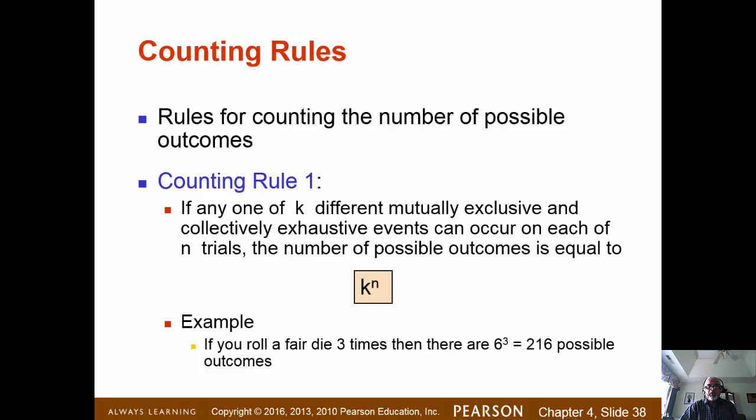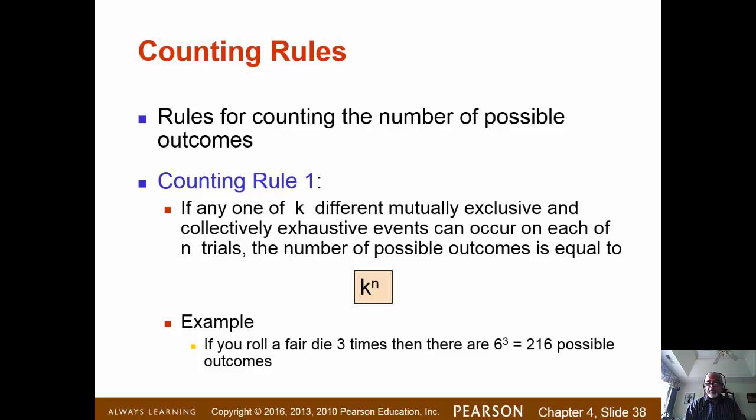So suppose we want to throw 3 times, if you roll a fair die 3 times, k is 6, each trial has 6 possibilities. So 6 to the power of 3 will give you the total number of possibilities, 216. That's counting rule number 1, k to the power of n, k being the number of possibilities in one trial and n how many times you try.